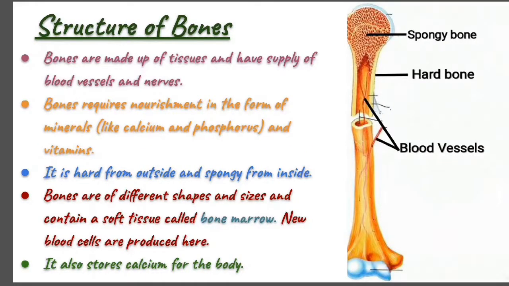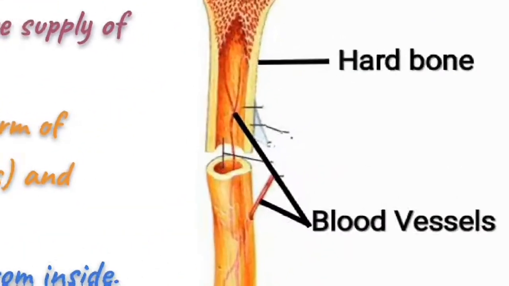Now we know that we have 206 bones. So what does a single bone actually look like? We must be curious, and the question arises in our mind: what is the structure of a bone? So here just have a look at this whole bone and how it looks.